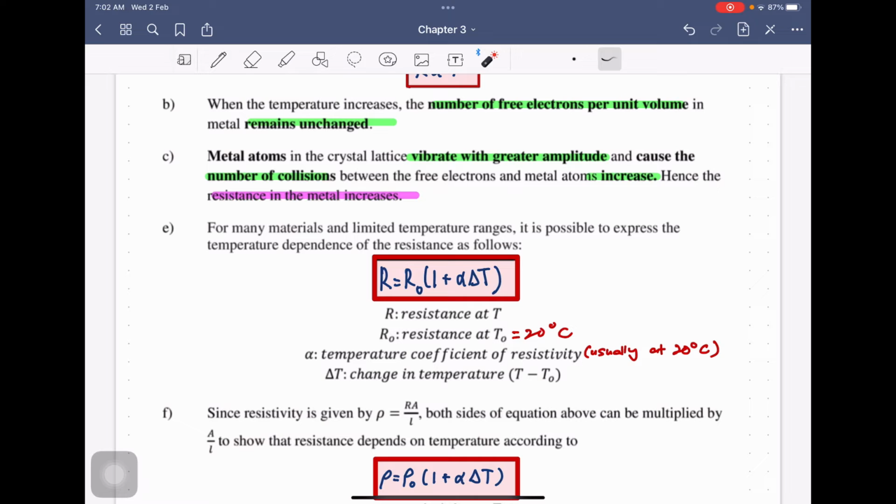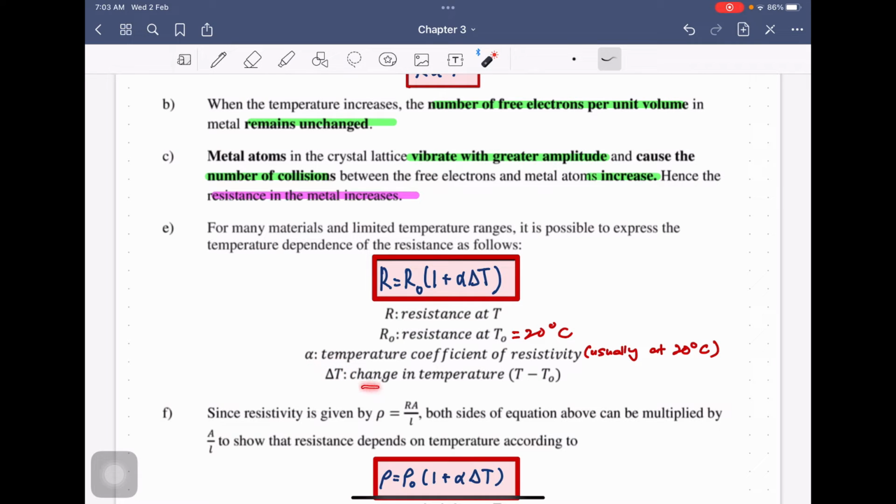Kenapa? Sebab the value of temperature coefficient of resistivity yang diberikan adalah usually at 20 degree Celsius. Okay, that's why dalam syllabus awak T0 kita adalah 20 degree Celsius sebab constant value alpha yang dibagi kat sini, which is the temperature coefficient of resistivity, diberi usually at 20 degree Celsius. Okay, apa itu delta T?